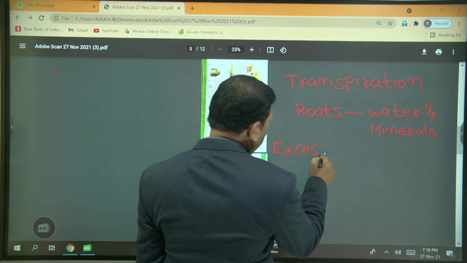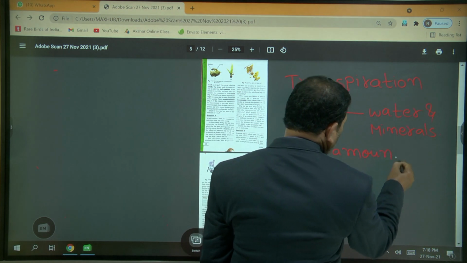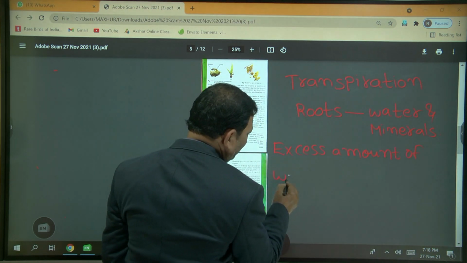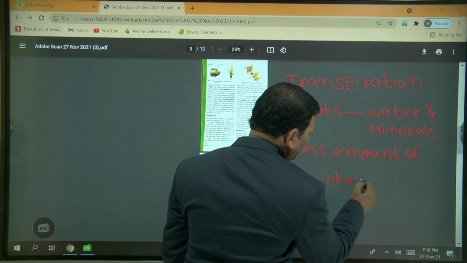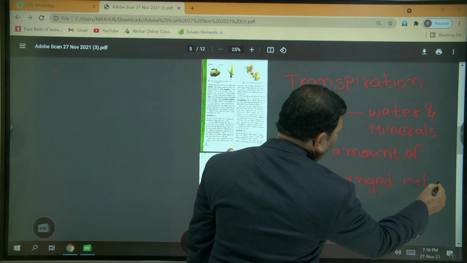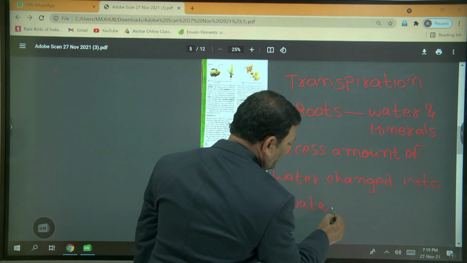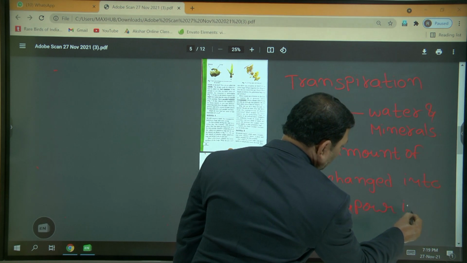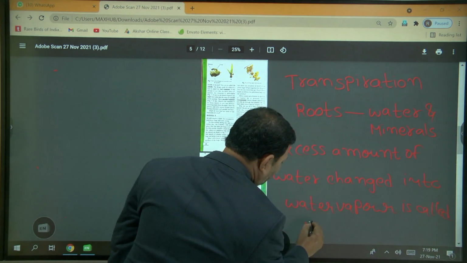Excess amount of water changed into water vapor is called transpiration.